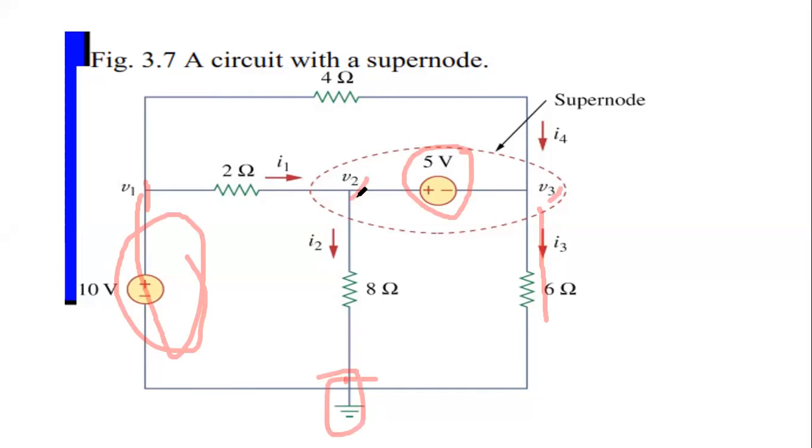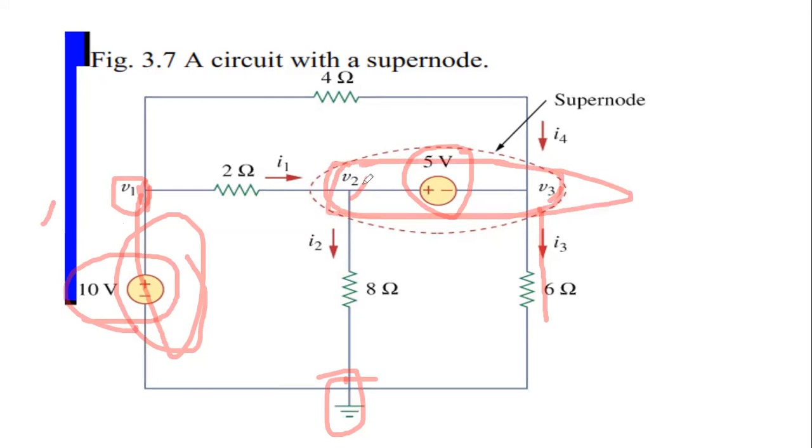So if the voltage source is connected between V1, that is the non-reference node, and the reference node, that is V1 and 0, this case is different. And the voltage source is connected between V2 and V3, this case is different. So for V2 and V3, this complete will make a super node. Super node means V2 and V3 will be considered as one node, and the 5-volt source will be considered as if it is not here.